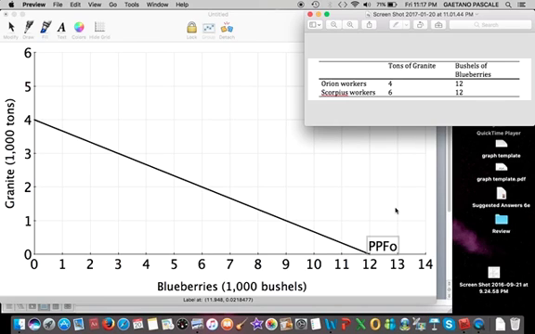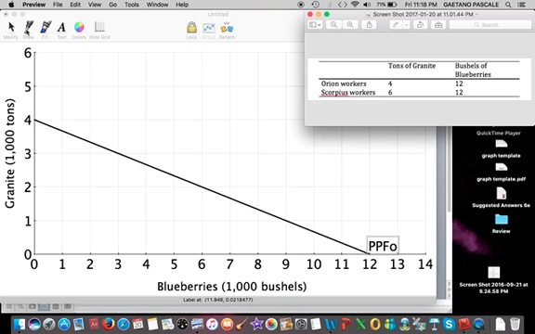We do the same thing for Scorpius. Scorpius also has 1,000 workers, and since each worker can produce 6 tons, that means that they can produce 6,000 tons of granite in a month.